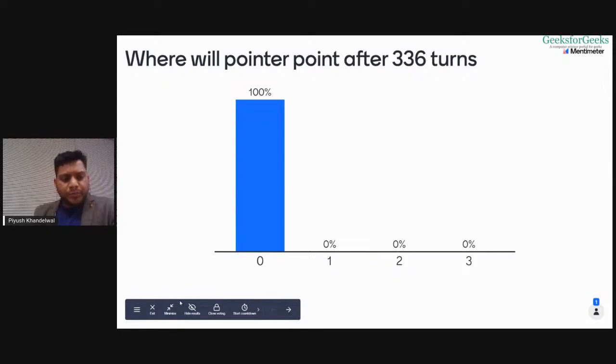Okay, people are saying 0. After 336 turns, it will be pointing to 0. The voting link is there in the YouTube description. You can go there and submit your answer.